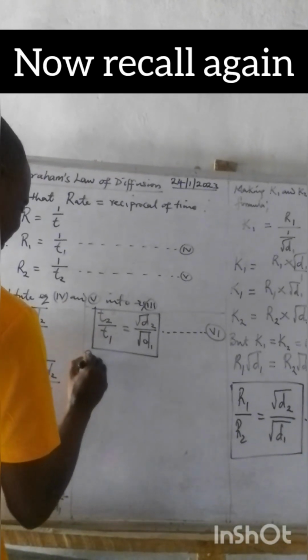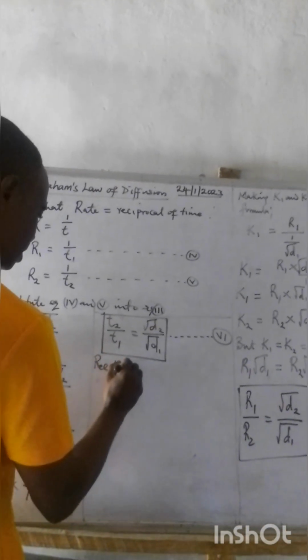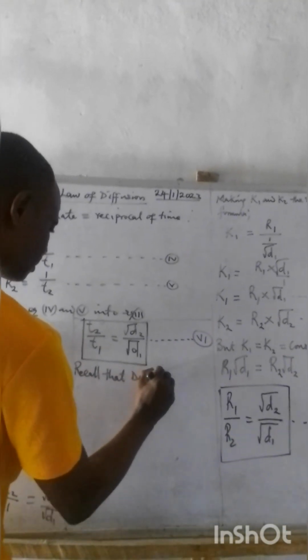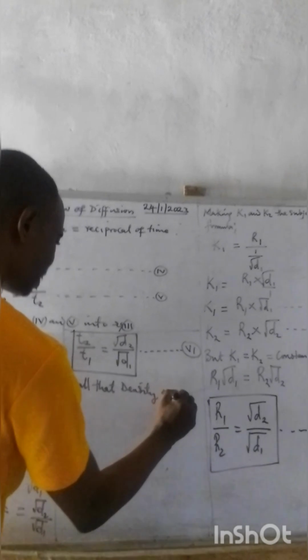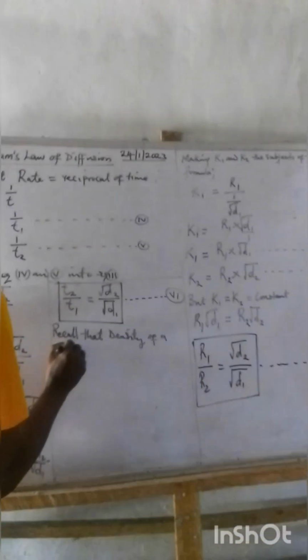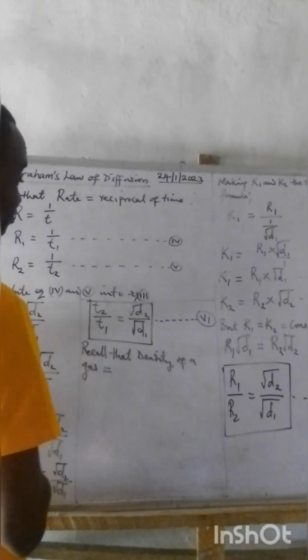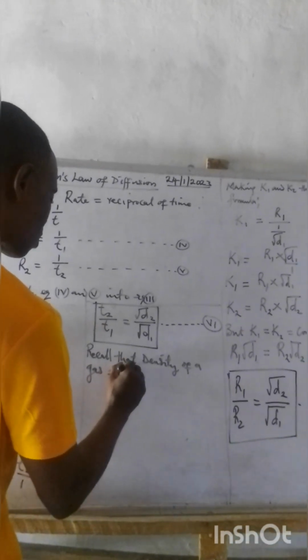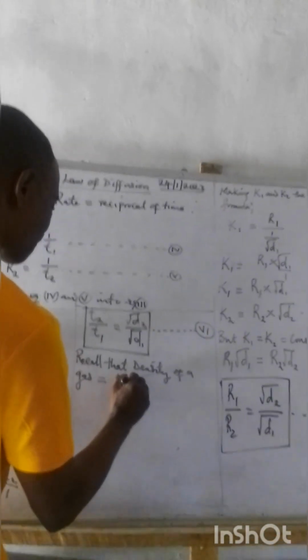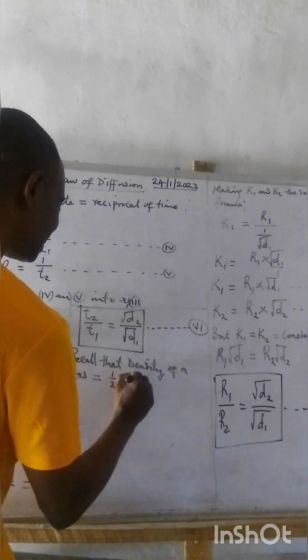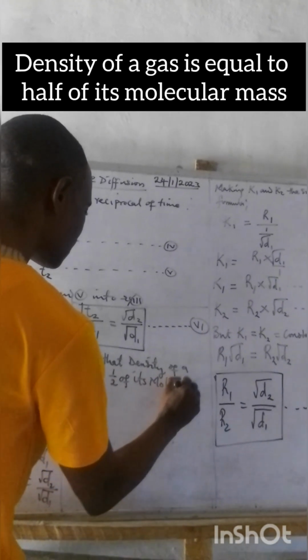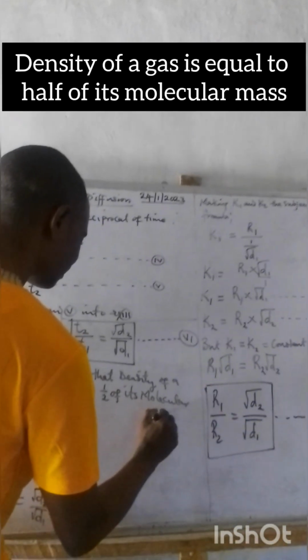Now, recall again. Recall that density of a gas is equal to half of its molecular mass.